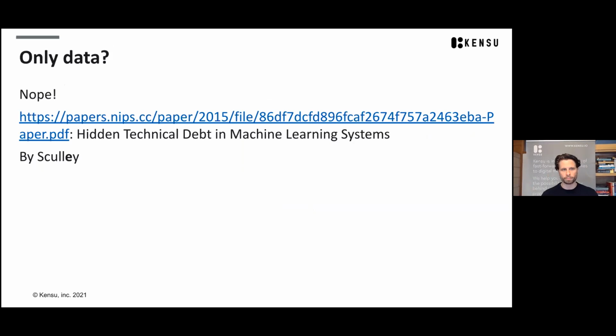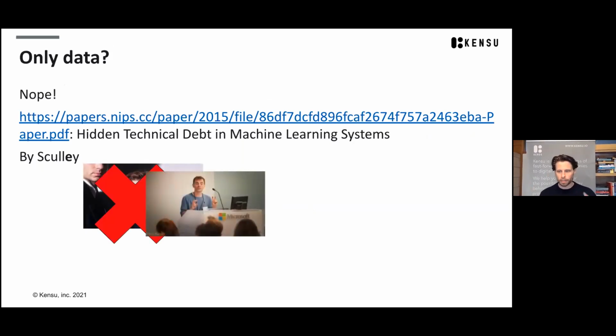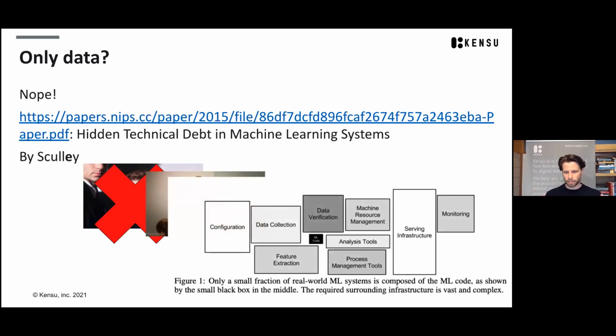And this paper, which is Hidden Technical Debt in Machine Learning Systems, written by Sculley, well, not this Kelly, this one from Google, proposes this chart showing, okay, you know, the ML code is this little black box, maybe on purpose black box here, right, in the middle of all these huge boxes around, which compose the context in which a machine learning code will run, right?